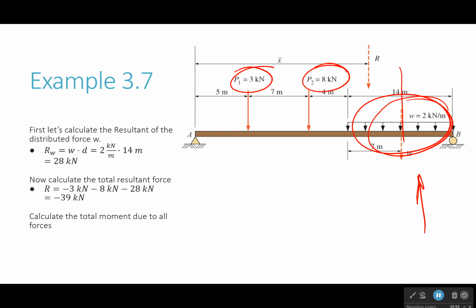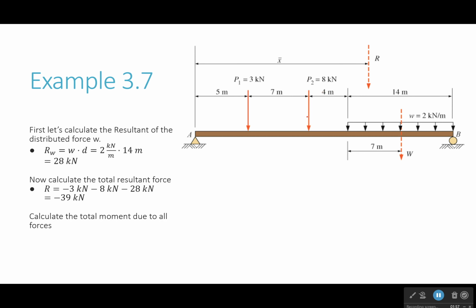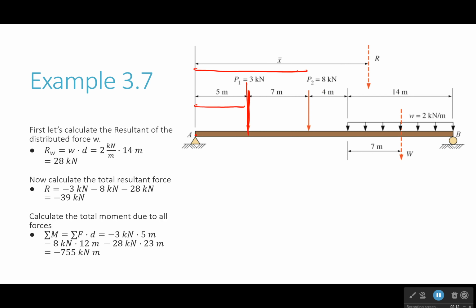And then we have to calculate the total moment, which is force times distance. Force times distance, I do it from a particular point. So I'm going to do it from point A. This is a vertical force, so I need the horizontal distance. That would be 5 meters to the 3 kilonewton force, 12 meters to the 8 kilonewton force.